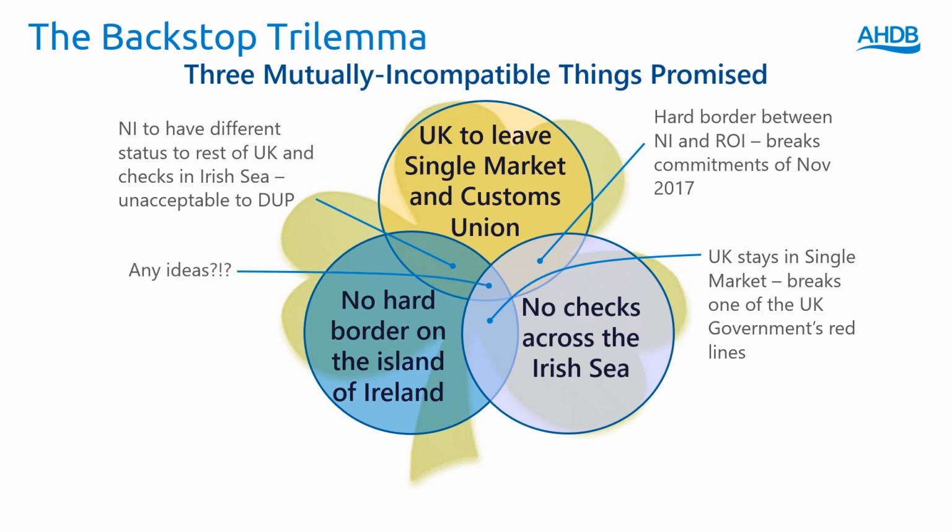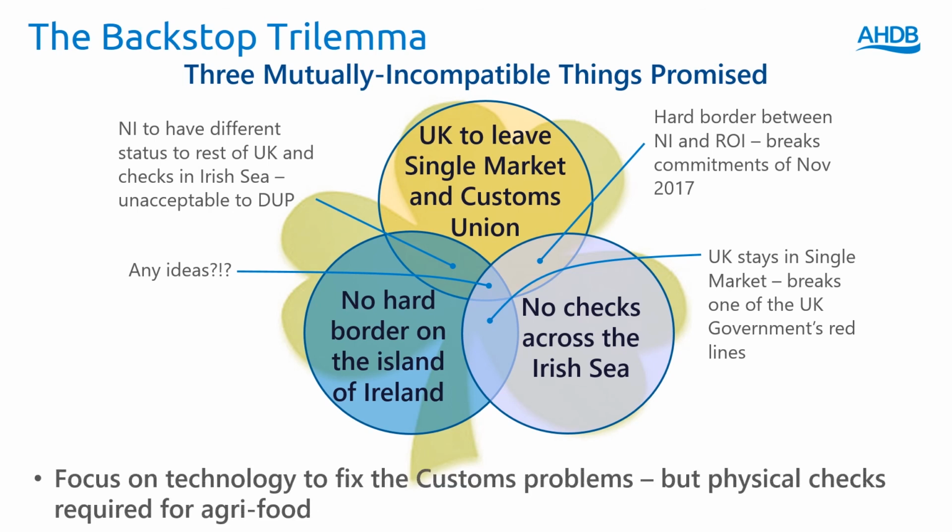And in terms of finding a solution that addresses all of these issues, I think if there was a solution to have been found, it would have been found by now, and I think it's failed everyone thus far. And in that context, some have mentioned technology and its potential to solve customs issues.